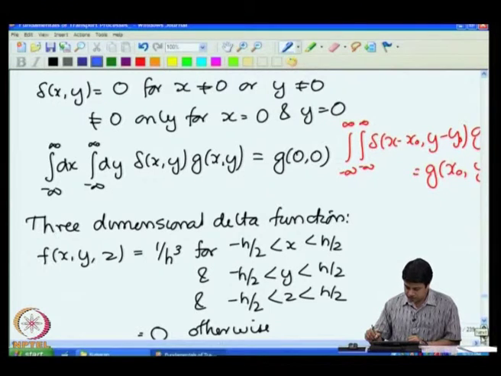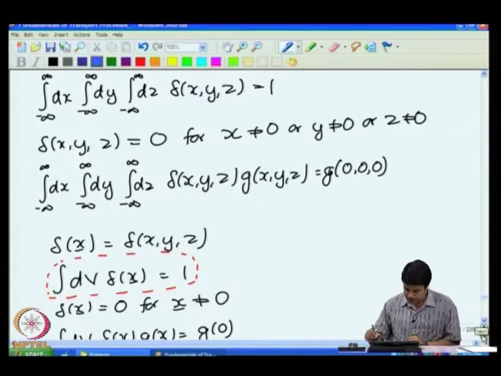Similarly, one can extend this to 2 and 3 dimensions. In the case of 3 dimensions, this delta function is 0 for x vector not equal to 0. That is, when simultaneously either x is not equal to 0 or y is not equal to 0 or z is not equal to 0. It is non-zero only at the origin, at x equal to 0, y equal to 0 and z equal to 0.